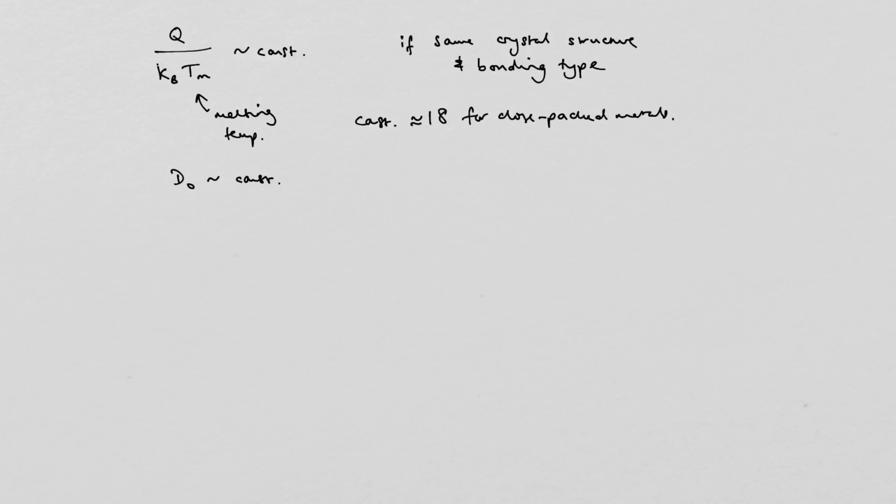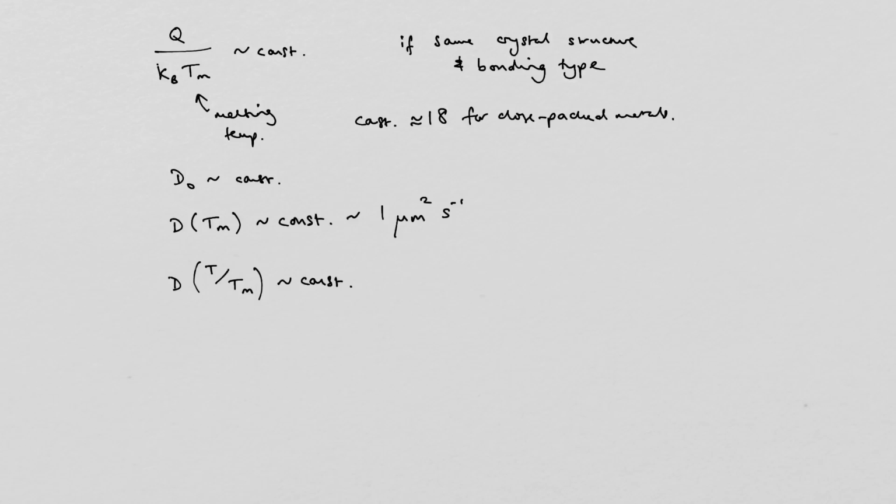But if we take D0 is constant, then that tells us that the diffusivity at the melting temperature is also a constant, typically of the order of 1 micron squared per second. Okay, and therefore D of T divided by Tm is constant over this series of materials.